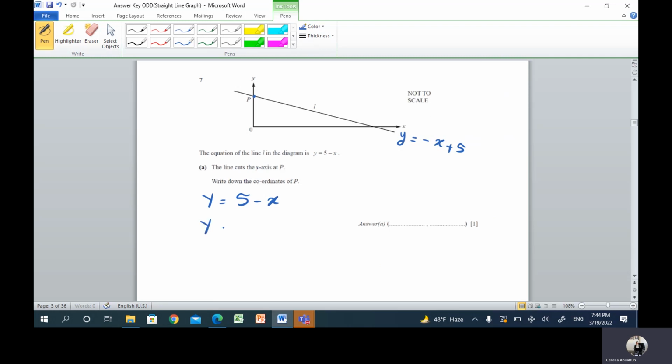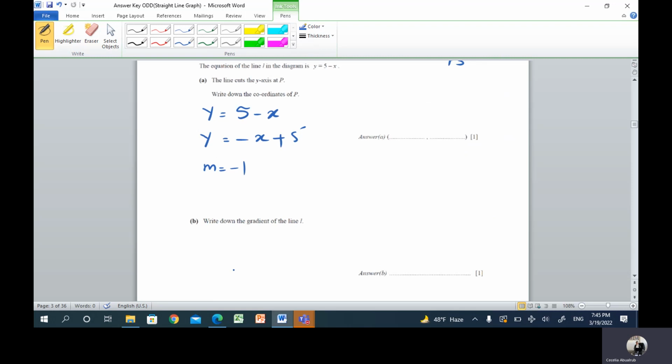Let's rearrange it so that it matches the general form, mx plus c. So it will be minus x plus 5. Accordingly, m is equal to -1, which is the gradient. c is equal to 5, and the y-intercept is equal to 0, c, which is 0, 5.